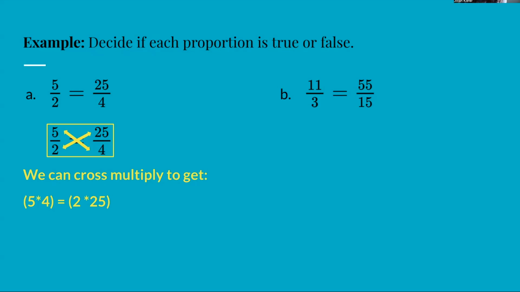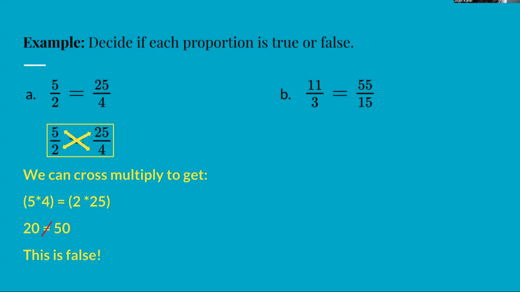We want to simplify this. 5 times 4, you can use a calculator or your brain, is going to be 20, and 2 times 25 is actually 50. That is not equal. That means that that proportion is false. So if they're not equal, that means your proportion is false. Those ratios are not equal to each other. So there we go. Now we'll go on to B.